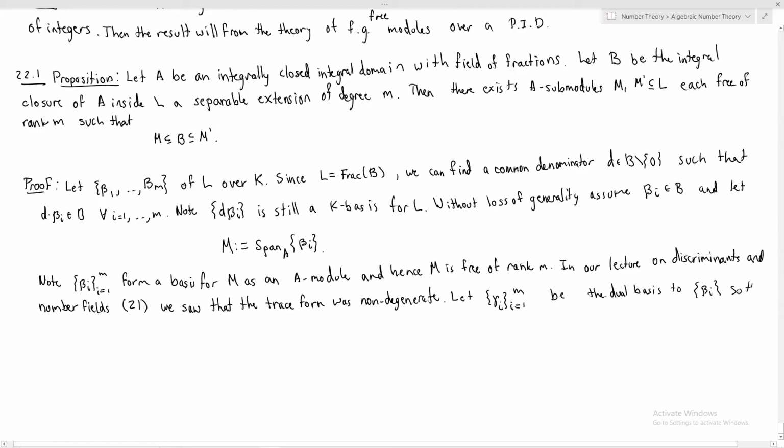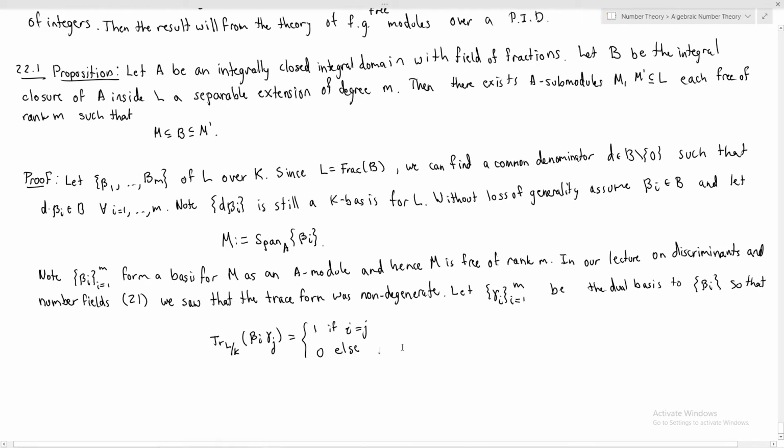The defining property of the dual basis is that the trace from L over K of beta sub i gamma sub j is 1 if i equals j and 0 else.